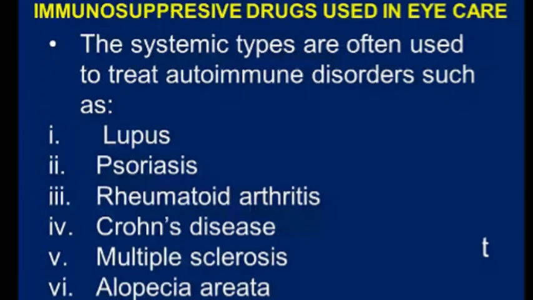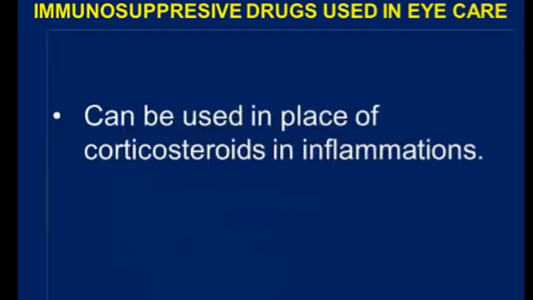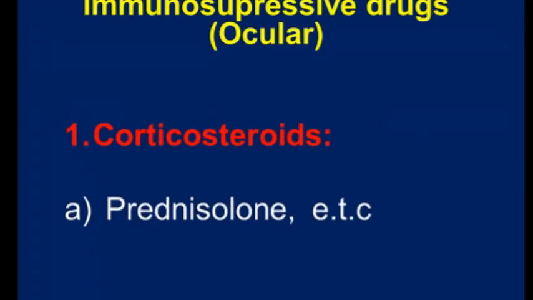The systemic types are often used to treat autoimmune disorders, such as lupus, psoriasis, rheumatoid arthritis, Crohn's disease, multiple sclerosis, and organ transplant. It can be used in place of corticosteroids in inflammation if you can't use corticosteroids. Like I said, corticosteroids can also be one example of immunosuppressive drugs.